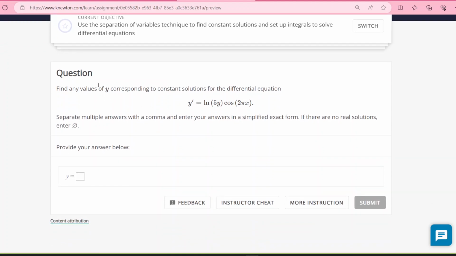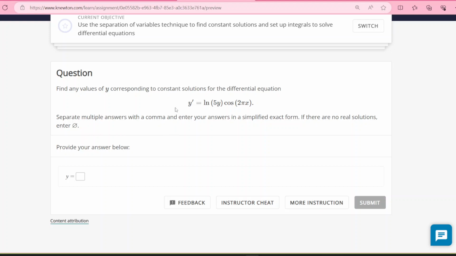So the first question, find any values of y corresponding to constant solutions for the differential equation y prime, the first derivative of y, equals the natural log of 5y multiplied by the cosine of 2 pi x. And then we're asked to separate multiple answers with a comma and enter your answers in a simplified exact form. And if there are no real solutions, enter the empty set symbol or this, circle with a slash through it.